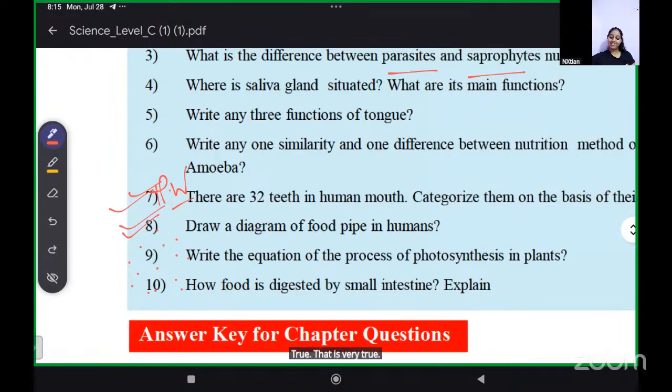Okay. Then, ninth question. Write the equation of the process of photosynthesis in plants. Can you remember the equation of photosynthesis in plants? Emma, equation of photosynthesis in plants. From carbon dioxide, water.